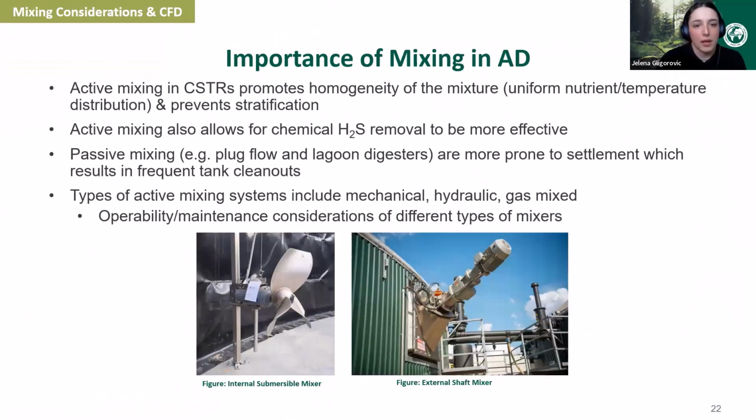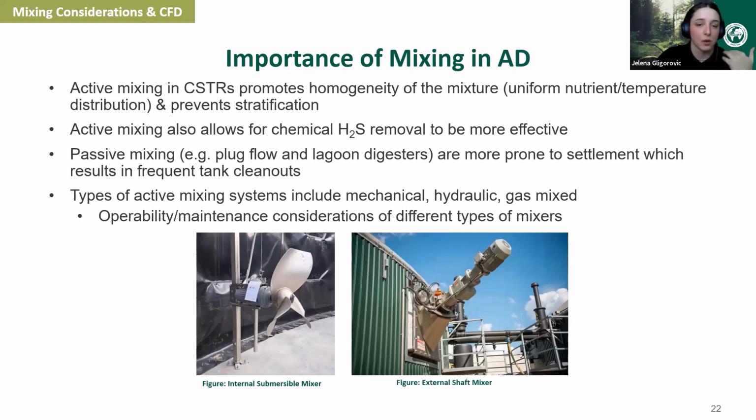So talking about the importance of mixing in AD, mixers are crucial components. Without proper mixing, you don't get uniform nutrient and temperature distribution, and you can also get stratification in your digester, where the solids settle at the bottom and have sedimentation, and then you can also have floating layers at the top with scum and plastics.